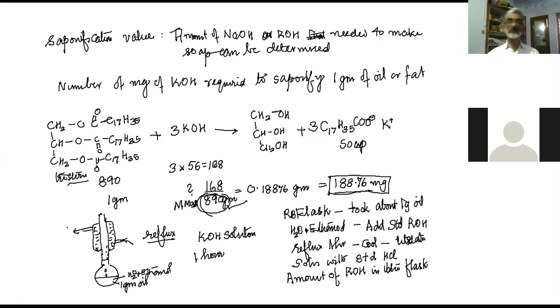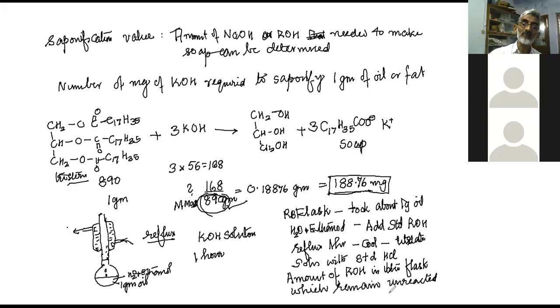Okay, so we have found the amount. But what is this potassium hydroxide? This is the potassium hydroxide which remains unreacted, or which we have added in excess.